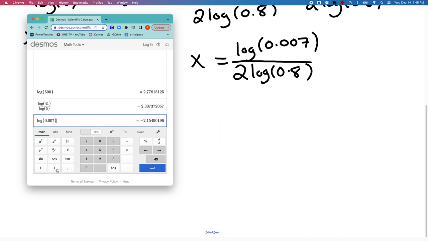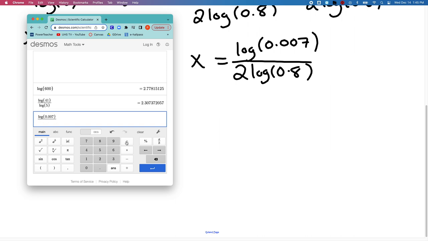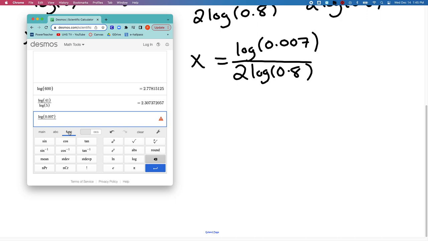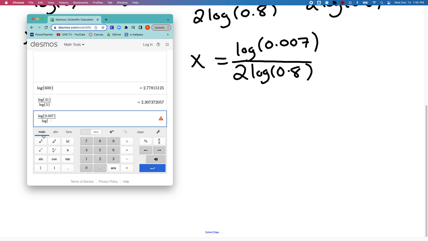Close my group. Divide. Make sure you close that group. Log. And then it's 2, excuse me, the 2 was first. So it's 2, and then it's log 0.8. And that's giving me 11.118.